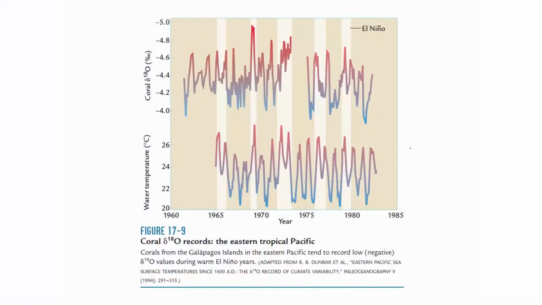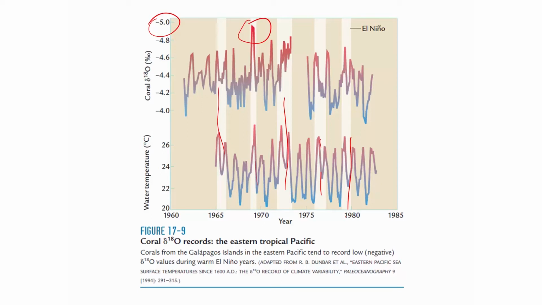So the corals in the East Pacific record an oxygen 18 signal associated with El Nino. So this is an El Nino, El Nino, El Nino, and so on. Each El Nino changes the sea surface temperature, changes the evaporation, and the corals that surface in that water immediately begin to record that change in temperature and evaporation.